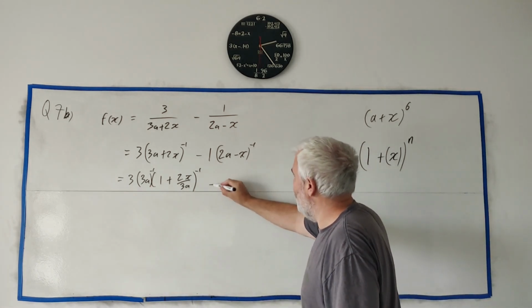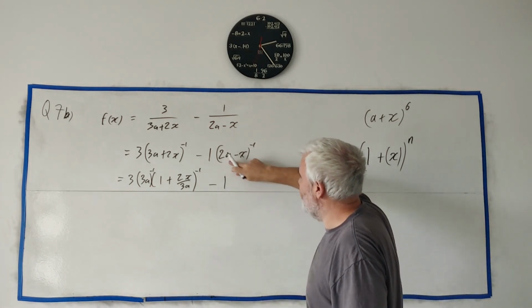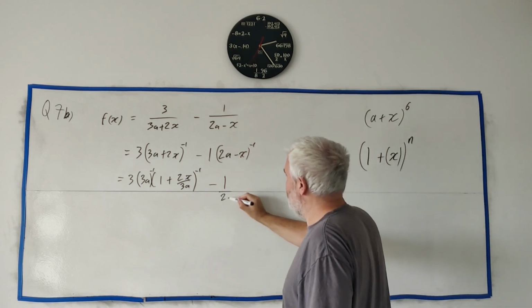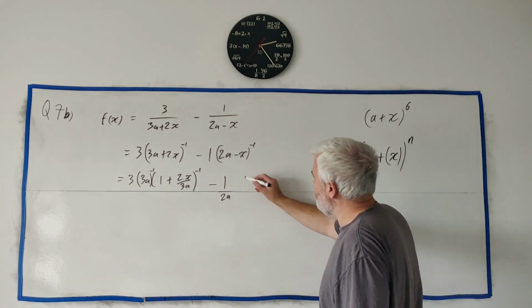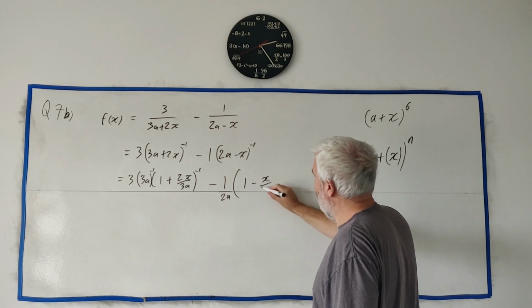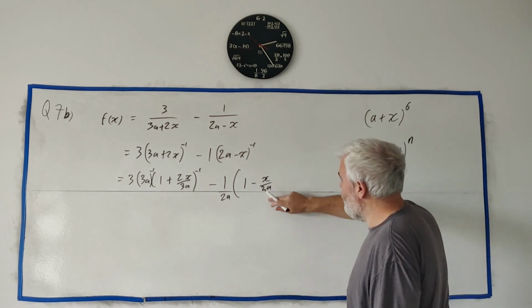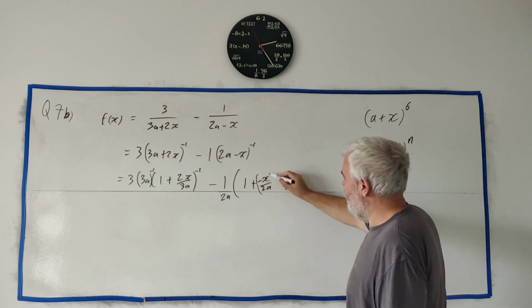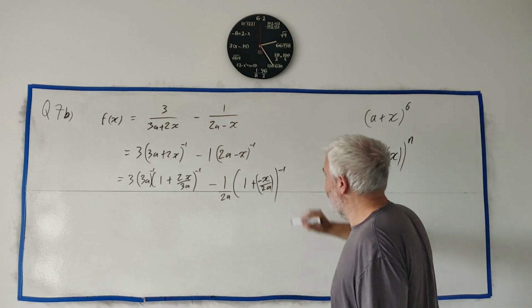We'll do the same on this one. That's -1. This 2a is going to come out with a -1 attached to it, so we'll just put it as divided by 2a. And inside the bracket will be 1 minus x over 2a. Or it might be better to think of this as plus minus x and put a little bracket around that. This is still to the power of -1.